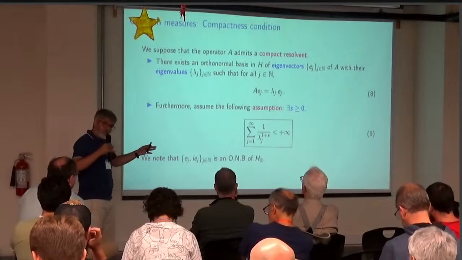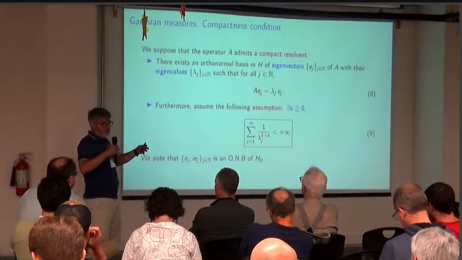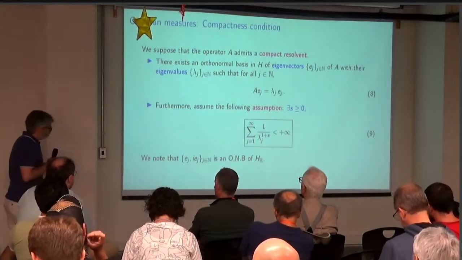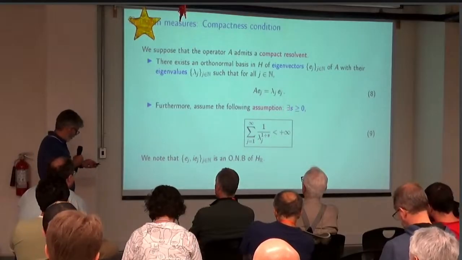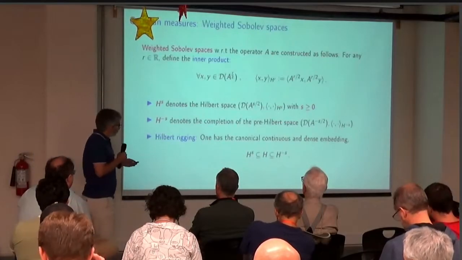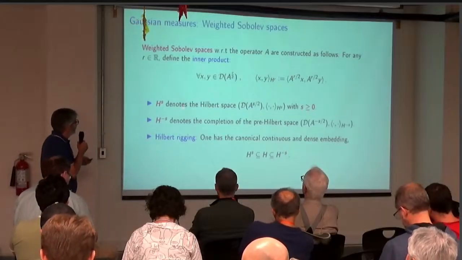But in infinite dimensions, your Gaussian measure is usually extended to a larger space. And this s will allow us to define the right space to consider to define the Gaussian measures.